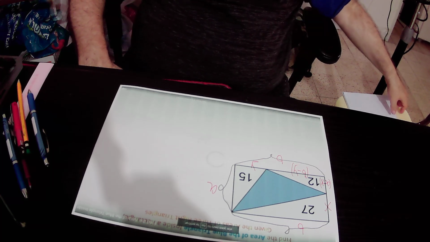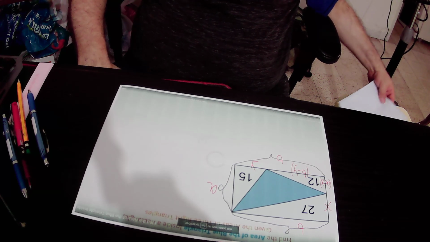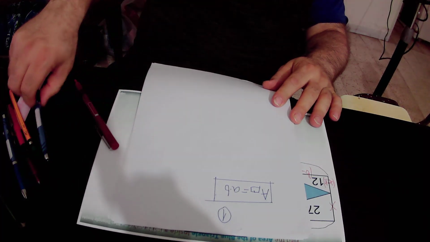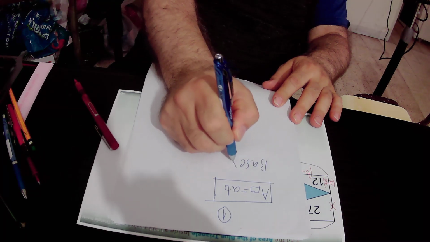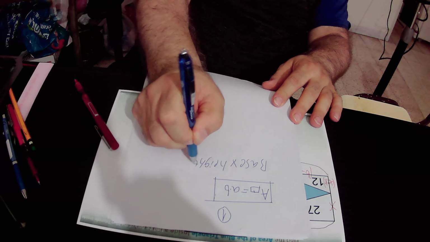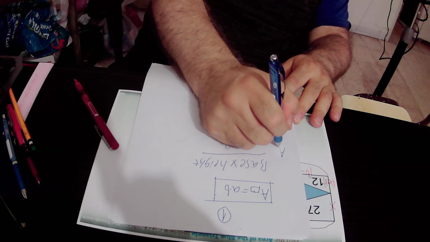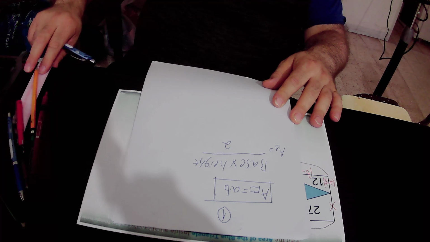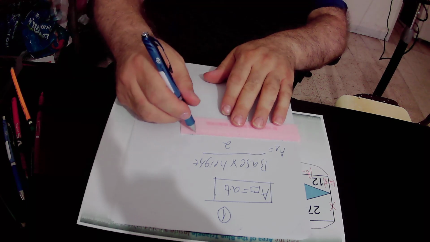As you have already known, the formula of the area of a triangle equals the base of the triangle times the height to the base divided by 2. Again, the area of a triangle equals the base of the triangle times the height to the base divided by 2.